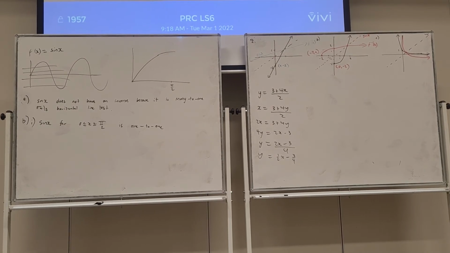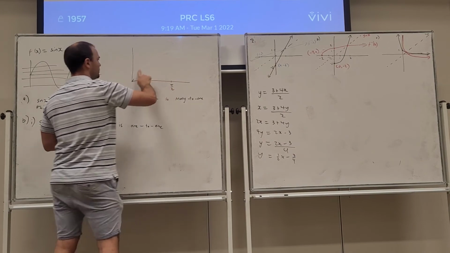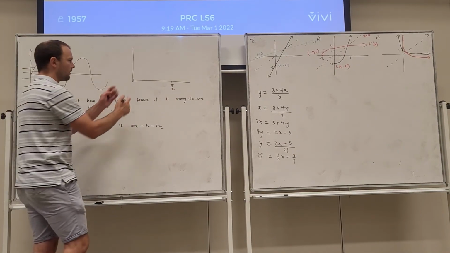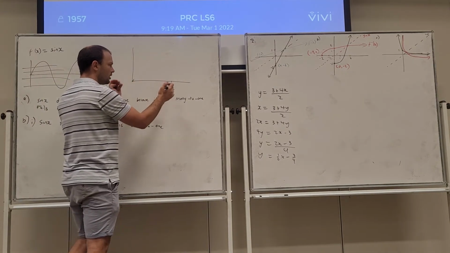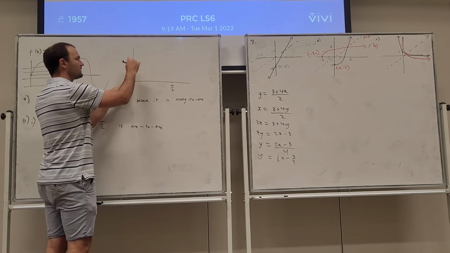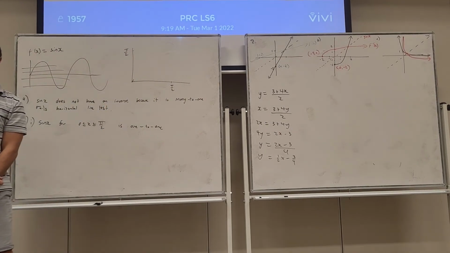Part 2, sketch the graph of f of x and f minus 1 of x. Because we're sketching an inverse from x is 0 to pi on 2, we're going to restrict our view: 0 to pi on 2 on the x-axis, and 0 to pi on 2 on the y-axis. We're going to sketch it over there.